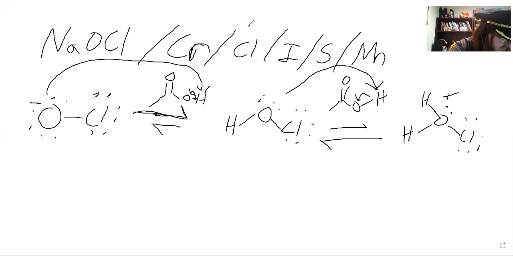So in the presence of this, let's look at a secondary alcohol. So we can add a secondary alcohol here. How is this going to be oxidized to a ketone?